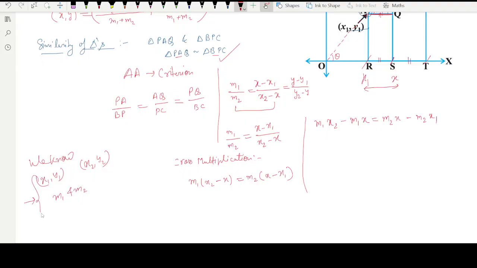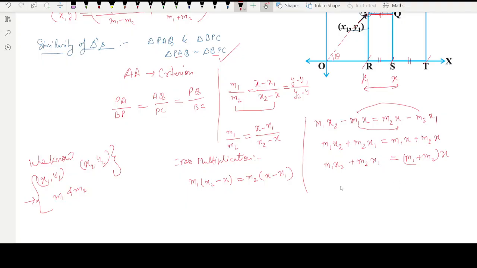So put x aside: m1 x2 plus m2 x1 is equal to m1 x plus m2 x, which is (m1 plus m2) x.